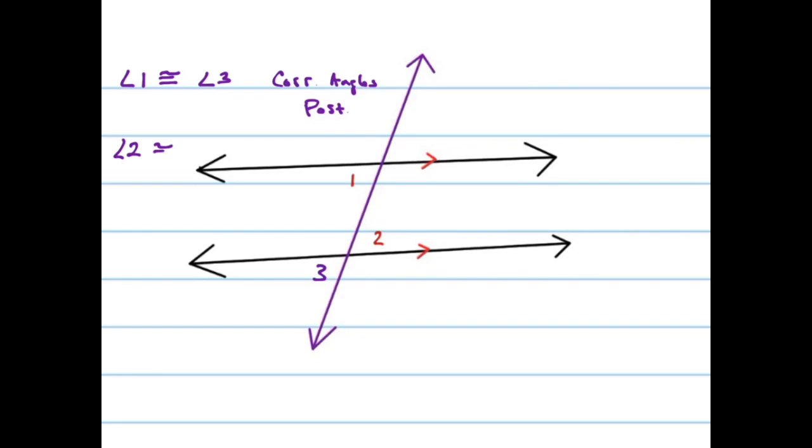Why? Vertical. That's the vertical angles congruence theorem, right? And so what could I then use to state that 1 is congruent to 2? The transitive property of congruence.